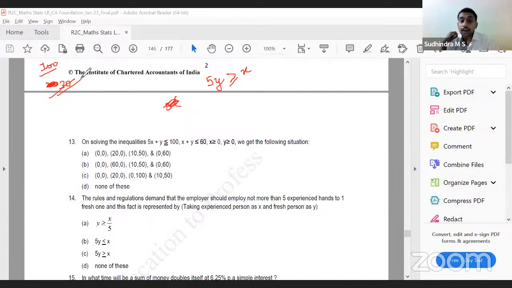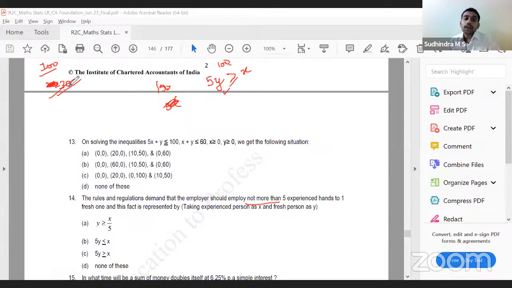It will satisfy the condition because they are telling you cannot employ more than 5 experienced hands for every one fresh. So here 30 fresh hands, I can employ up to 150 experienced hands, 5 times. Correct. But I have only 100 experienced. So the condition is satisfied. Correct. So go with this equation, 5 times 30 is 150. What is X? 100. Is 150 greater than 100? Yes, the condition is satisfied.